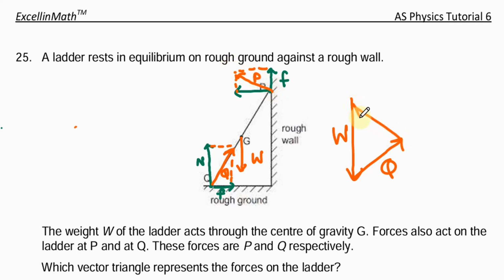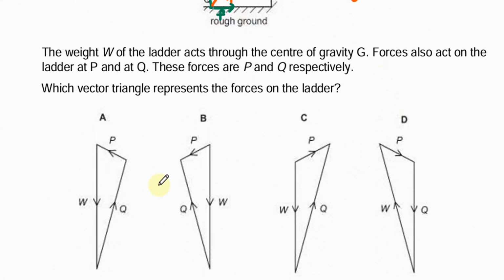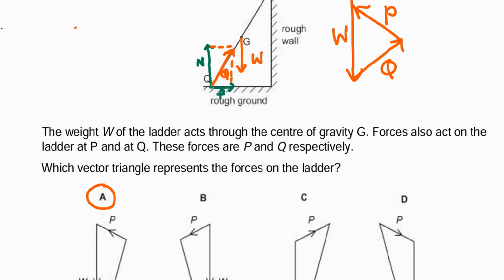So P over here. Now we can compare our sketch with the options given. And we can see that here we have W down, Q going this way, and P going this way, all drawn head to tail. So the answer then will be A. So this option corresponds to our drawing here.